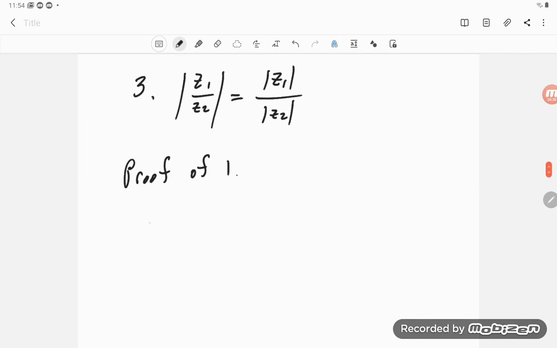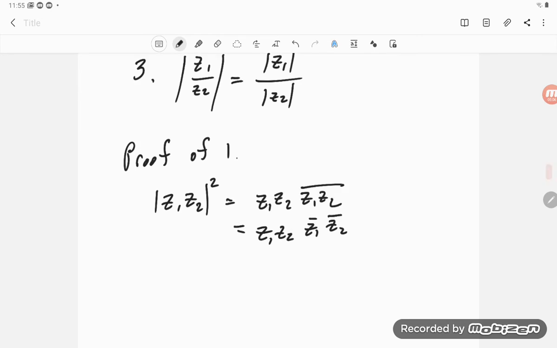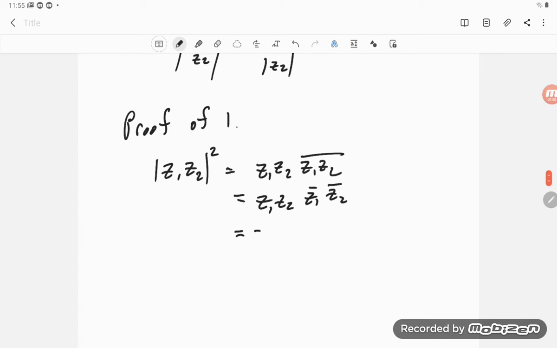And they indeed look at the absolute value of z1 z2 squared, because then I can just say, oh, that's z1 z2 times z1 z2 conjugate, but I can separate those conjugates, and then I can rearrange things and get z1 conjugate and z2 conjugate.